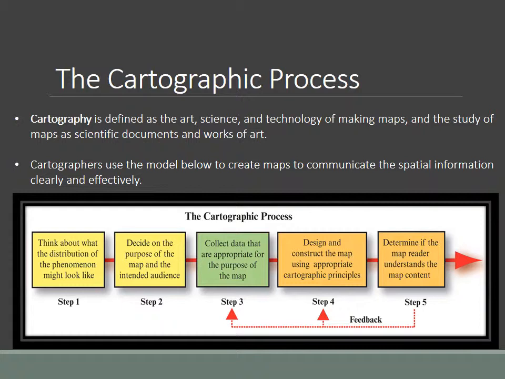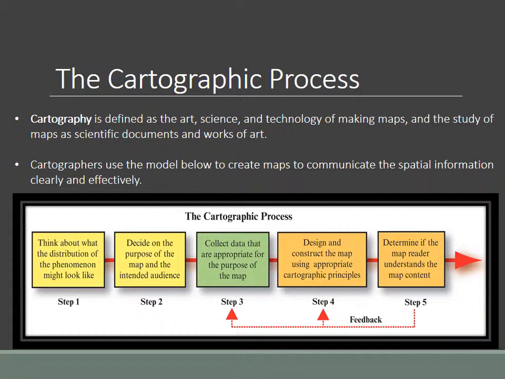First, think about the distribution of the phenomenon you want to map and what it might look like. Then, decide on the purpose of the map and the intended audience. Who will be looking at this map and what information do you want it to convey? Then, collect data that are appropriate for the purpose of the map.